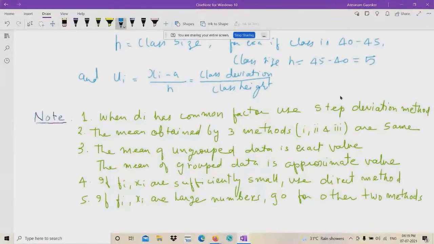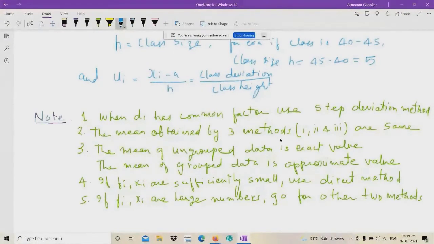If there is a common factor, then it is easy to divide. For example, if di is 0, 15, minus 15, 30, minus 30, 45, minus 45, in all this you see it is divisible by 15. 15 is a common factor. If that is there, then use step deviation.